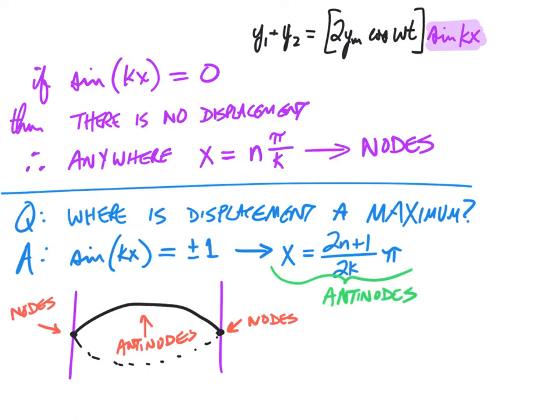Or you could say some number of half wavelengths will be the full length of your string when it's vibrating in this manner, producing standing waves. You can see that with your eyeballs, and the math we did was really low-level algebra.